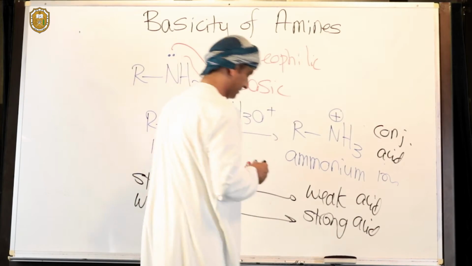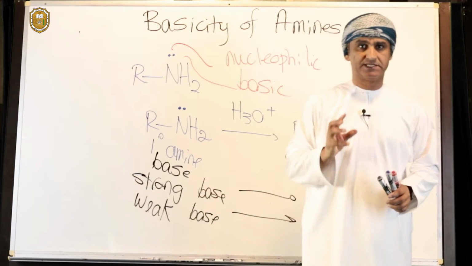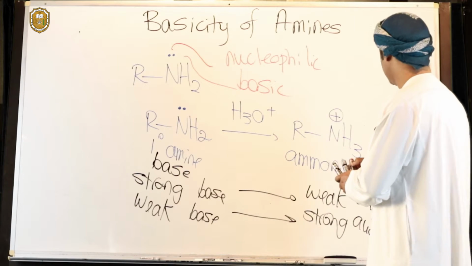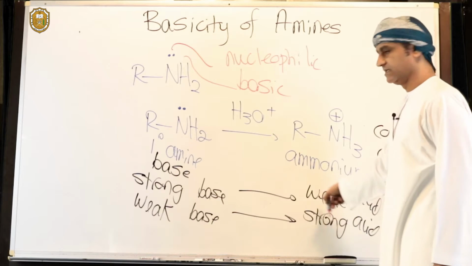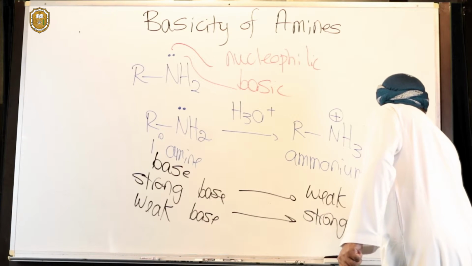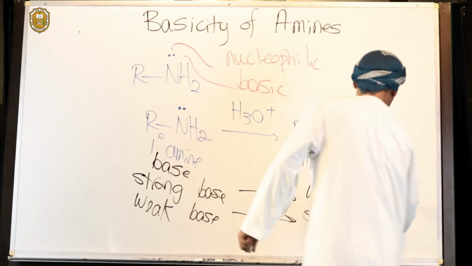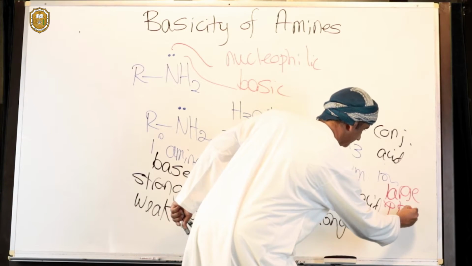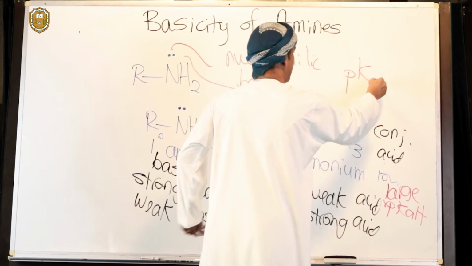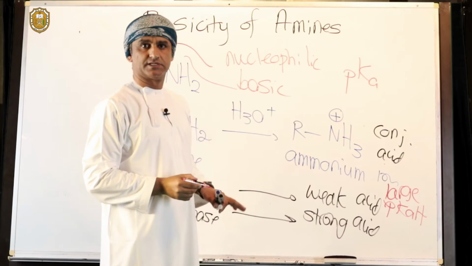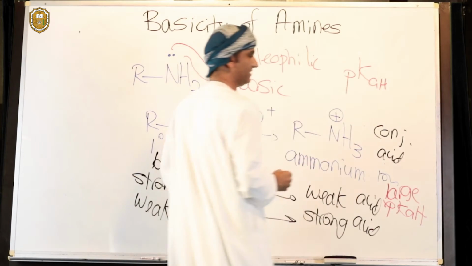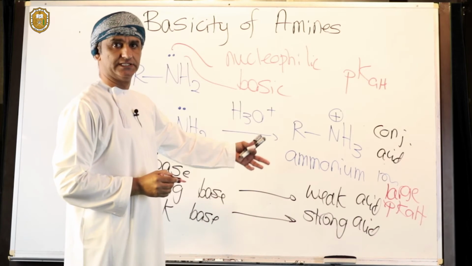And of course, in organic chemistry, acid strength is denoted by pKa. We use pKaH. So if the acid is weak, this would result in a large pKaH. pKaH, that's the term. pKa, of course, is minus log the acidity constant. H denotes the conjugate acid of the amine.